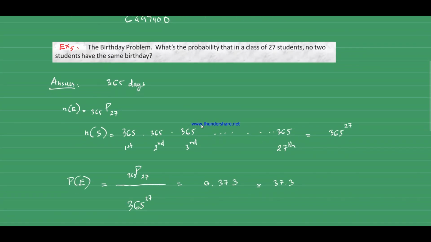This one, no. I didn't say anything about the birthday being the same or not. Why do you want to have 2 students that have the same birthday? That is in the event space, not in the sample space. The sample space is just the number of birthdays that 27 students may have. And of course, in this case, you're going to have some of them repeated.